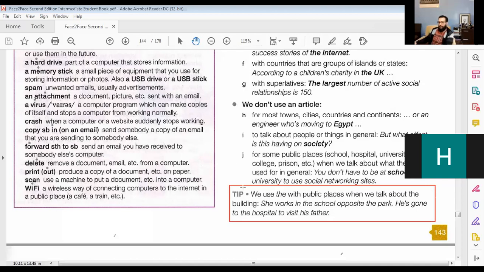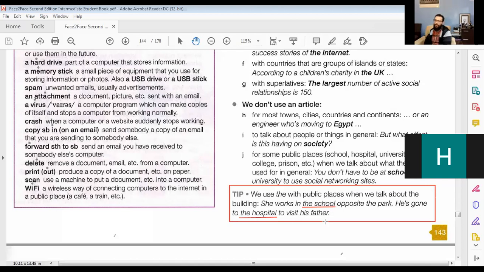He's gone to the hospital to visit his father. Right, so you can see here in both examples we use the, right? The hospital and the school, because we're not speaking about school and hospitals in the normal sense, but a specific school. Yes, we're talking about a specific school. So she works in the school opposite the park. It means there are other schools.